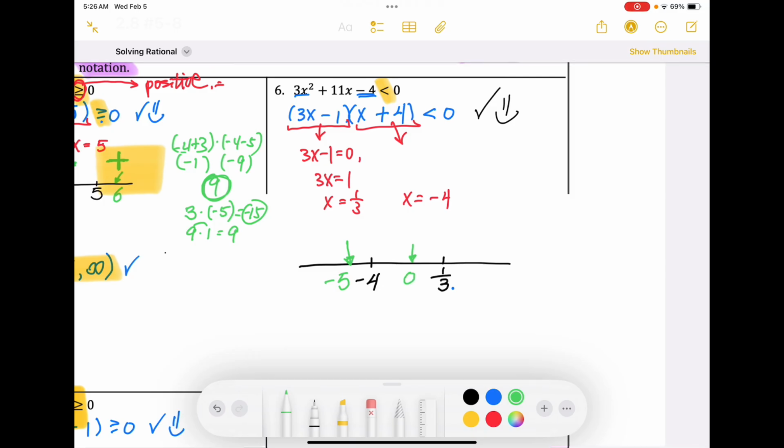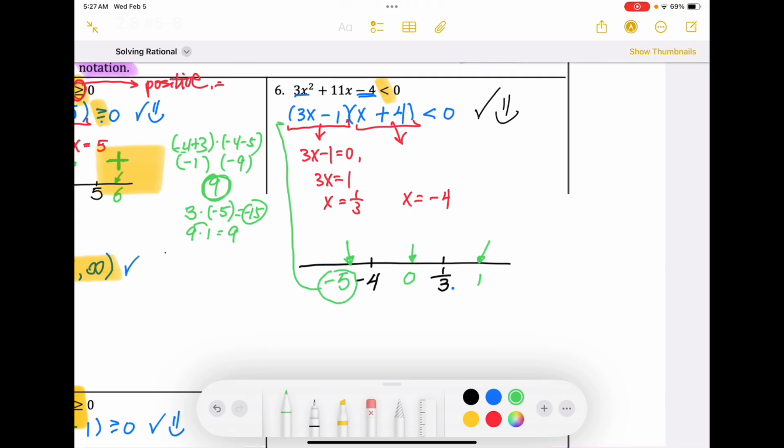Somewhere in between -4 and 1 over 3, I can just pick 0. You may ask, how do you know? Because on the number line, it's right in between them, okay? If you say, can I pick -2? Can I pick -1? Of course, you are the boss, okay? So how about some number bigger than 1/3? The same thing, I just pick a number 1 bigger than 1/3.